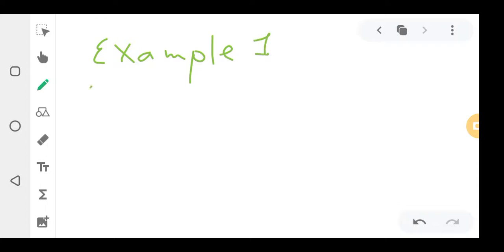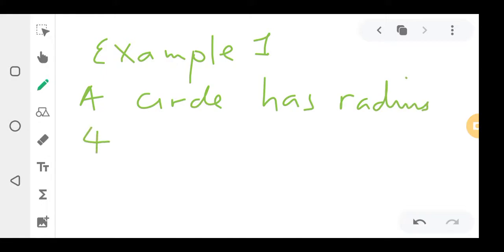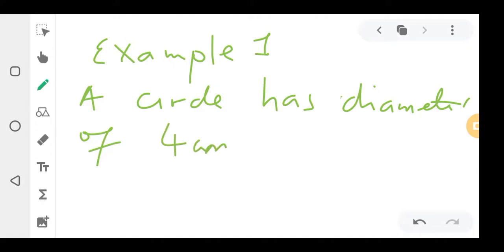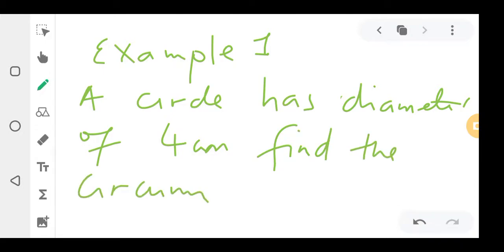They can say a circle has a diameter of 4 centimeter. Find the circumference.